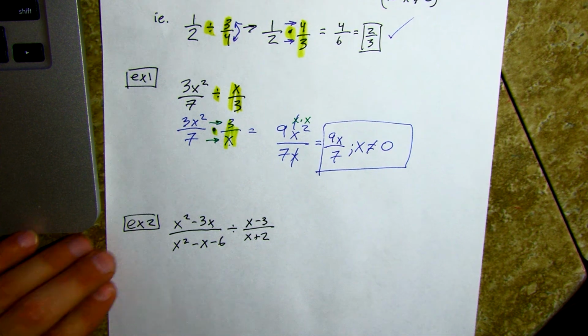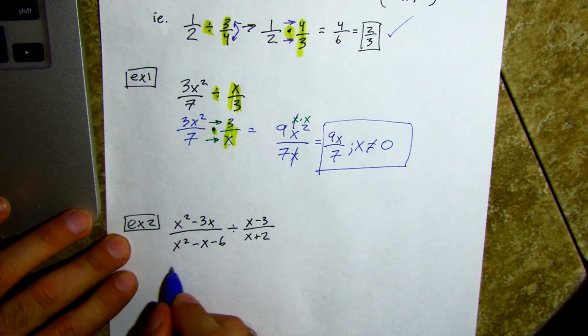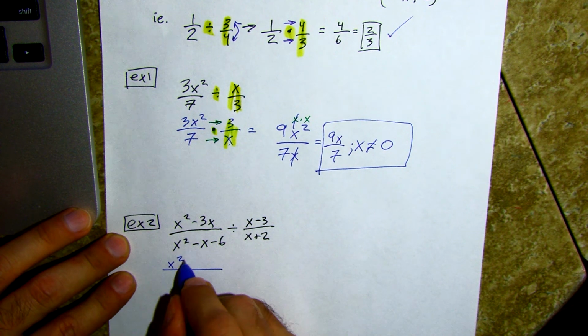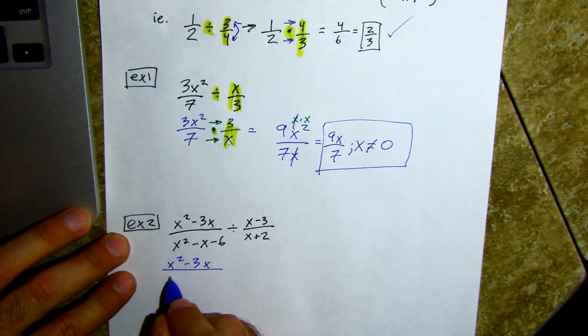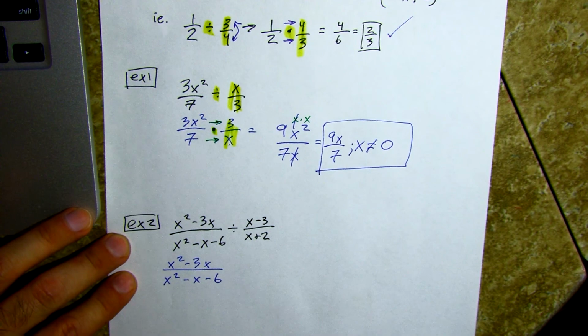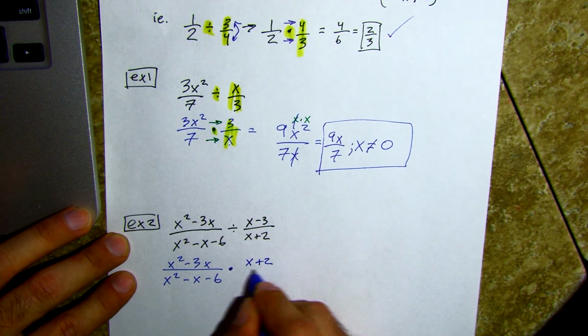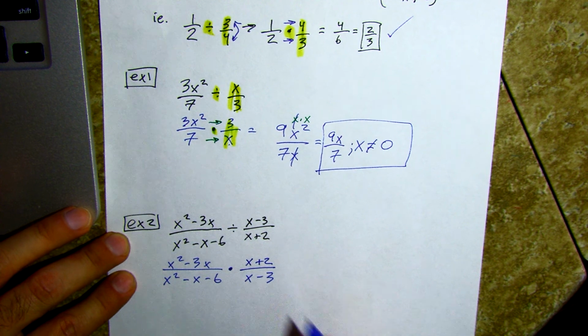All right, so let's go ahead and set up our next fraction. We're going to keep the first one the same. And we're not going to be able to see the restrictions for this first fraction right off the bat because we're going to have to factor this. But we can do the flip trick, and that allows us to get one step further.